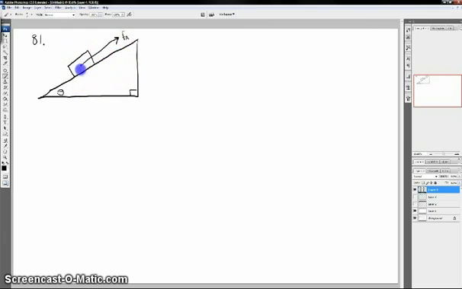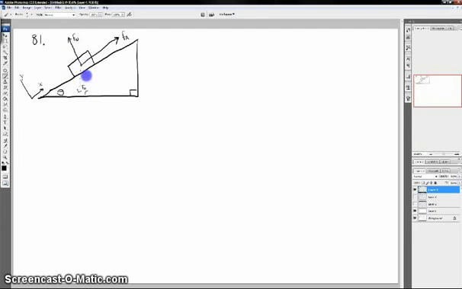The force of gravity is still acting on the object straight downward, but we're going to again rotate the coordinate plane so that the x-axis lies along the incline and the y-axis is perpendicular to the ramp. That means that the normal force will be perpendicular to the ramp.